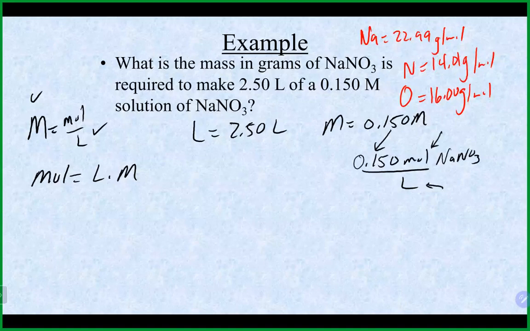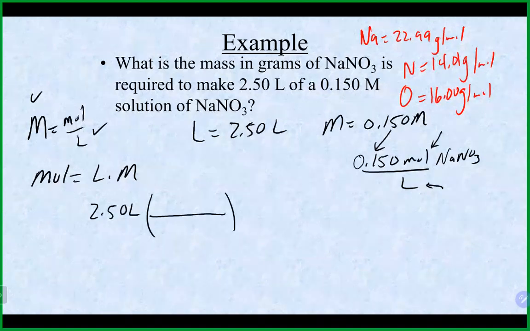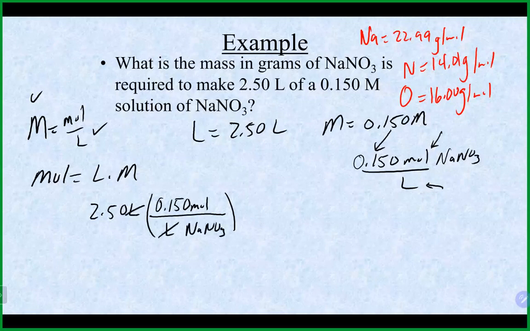In this case, we would take our liters, and as you do dimensional analysis here, you can see why it needs to be in liters so that the units properly cancel out. So those liters will cancel. This will give us 2.5 times 0.150, which gets us about 0.375 moles of sodium nitrate. Any questions on that so far?